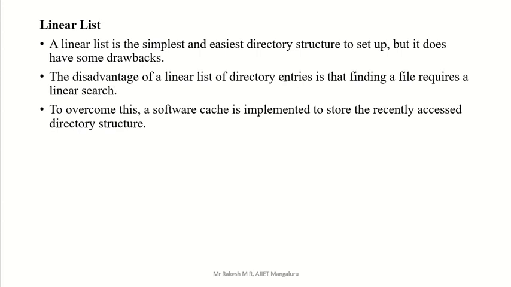The linear list method contains a linear search that searches one by one, which takes a lot of time to reach the 90th file. That's why we can use cache memory. Accessing secondary memory takes a lot of time, but accessing the cache takes very little time. That's why we use cache memory containing recently accessed file information.